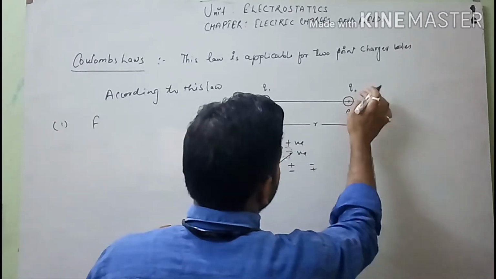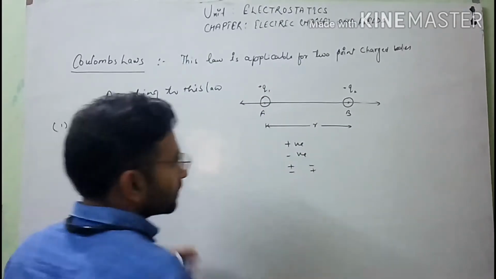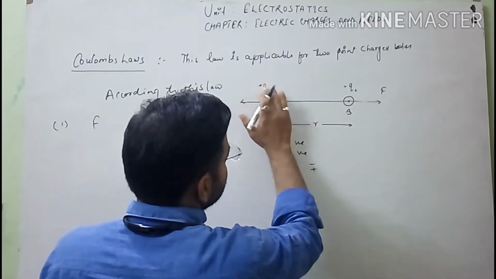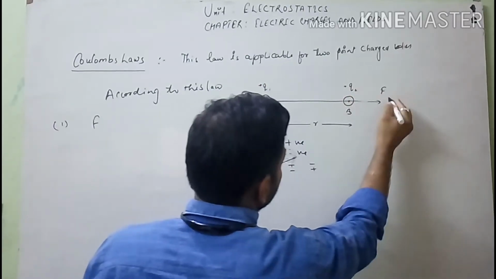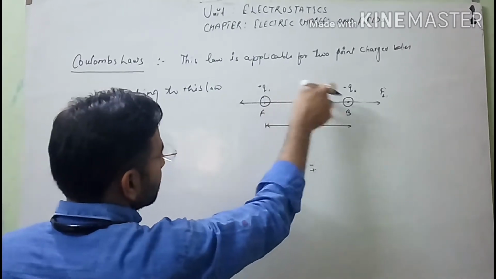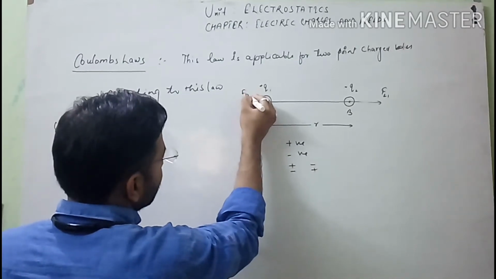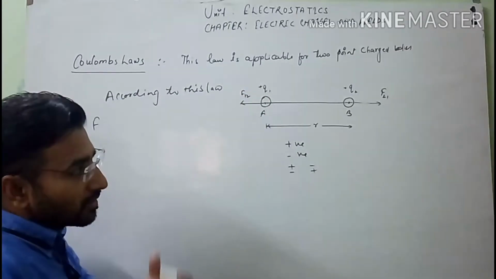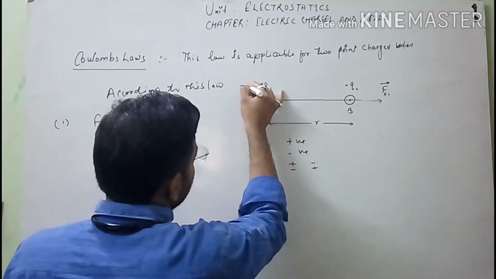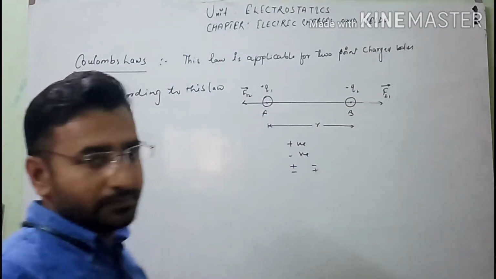So here I consider these two charges to be positive in nature. The force due to charge 1 on charge 2 is denoted by F21, and the force due to charge Q2 on charge Q1 is denoted by F12. And you know that force is a vector quantity, so I will use an arrow symbol on F12 and F21.